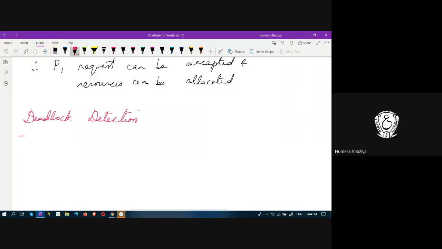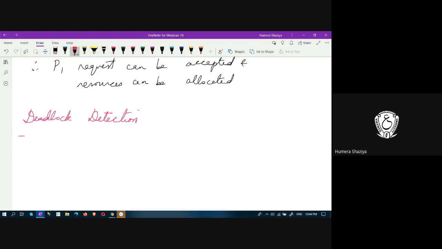Okay, so deadlock detection, in case deadlock occurs, the system has to detect it. How does the system detect? The deadlock detection algorithm examines the state of the system, and this examination is performed to determine whether a deadlock has occurred or not.